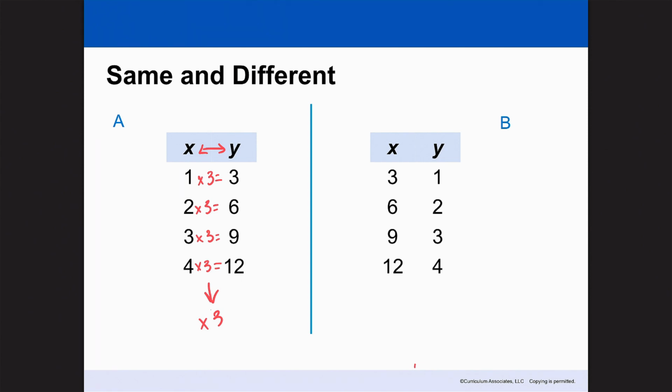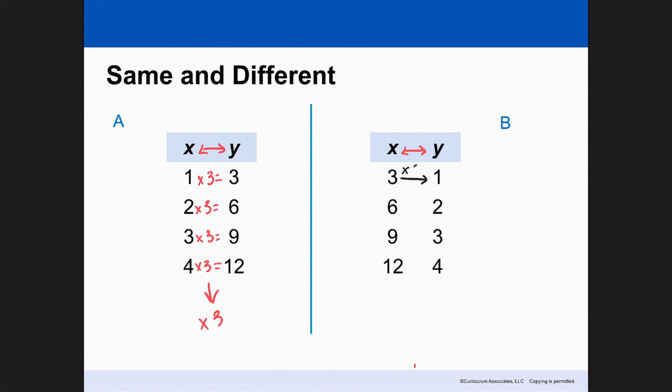Now I'm going to do the same thing over here. I want to try to see the relationship between these 2 values. So just like before, I see these ones are going up by 1. That's good to notice. And I also see that these are going up by adding 3. But I really want to pay attention to the relationship between the values. I'm comparing them. So here I can see that it's going this way.